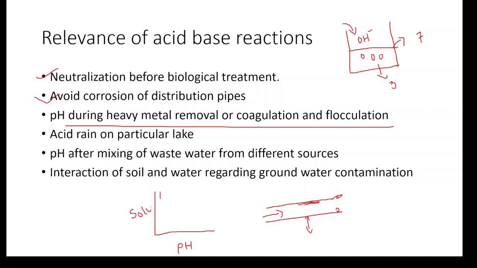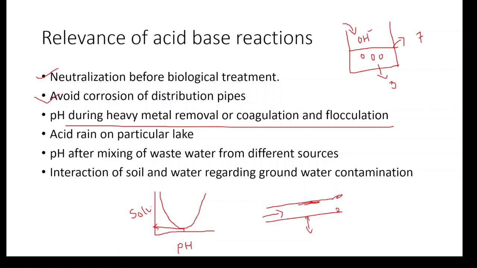Heavy metals have a certain minimum solubility at a certain pH. So there will be a certain pH where the solubility is minimum. When the solubility is minimum, what will happen? It will no more be dissolved in water. It is going to come out in the form of precipitate. Any target heavy metal we want to remove will come out as precipitate. So that is our target.